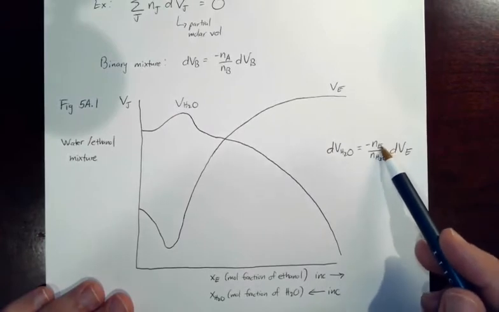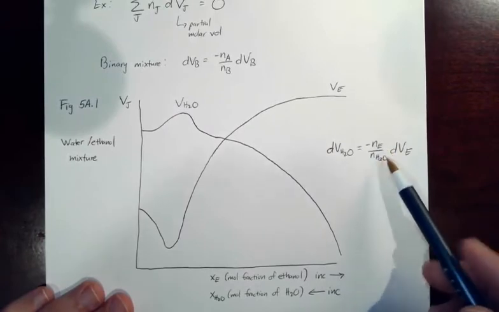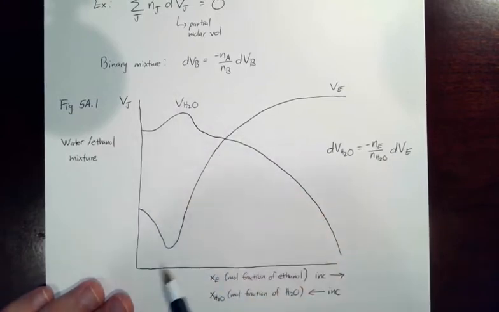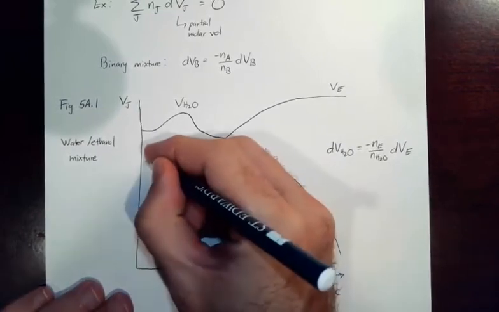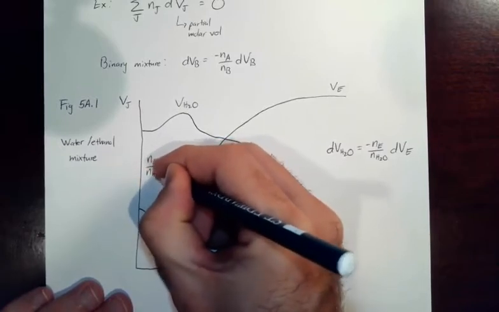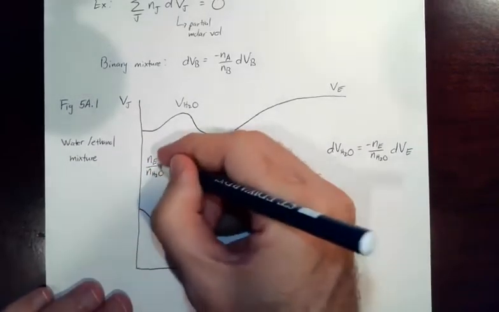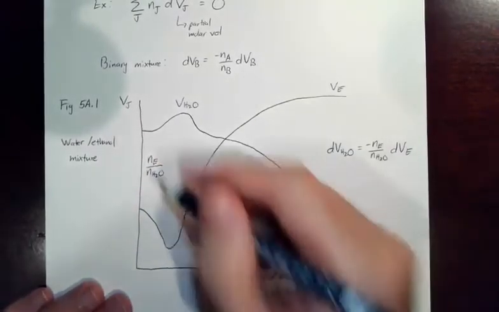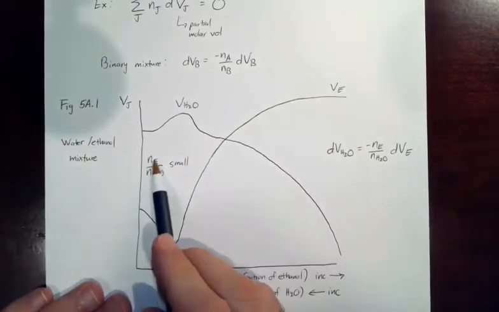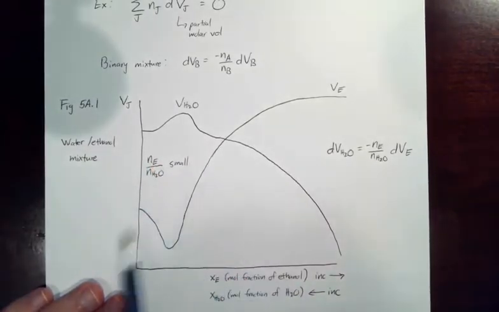This is the number of moles of ethanol over the number of moles of H2O. So in this region of the graph on the left, there is not very much ethanol, and there's a lot of water. So that means that Ne over NH2O, this coefficient here, is small, because Ne is much smaller than NH2O over here on the left.